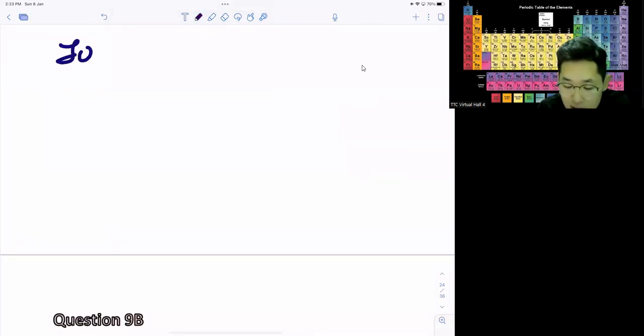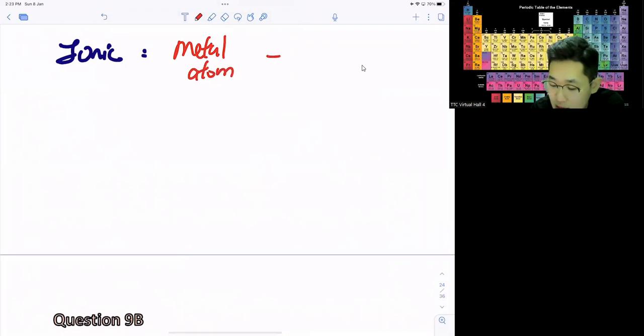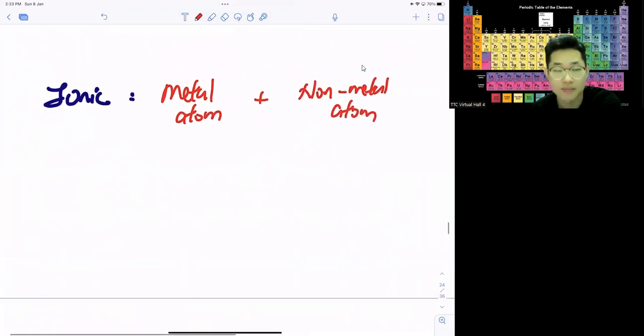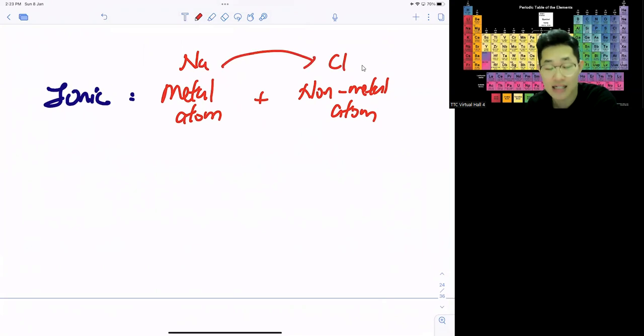Ionic, as we say, is metal atom plus non-metal atom. It's like the Na with Cl. Na donates one electron to the Cl to form NaCl. This is ionic.